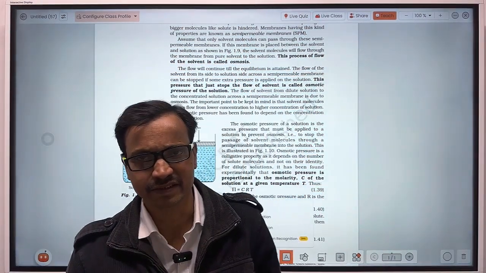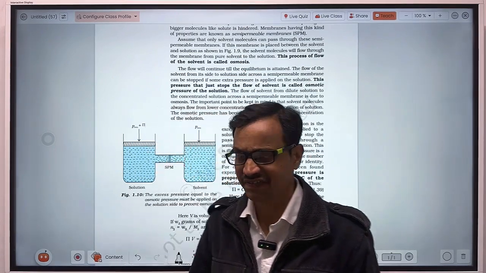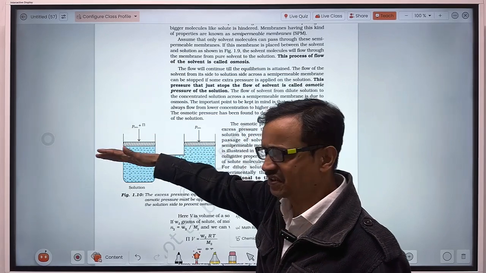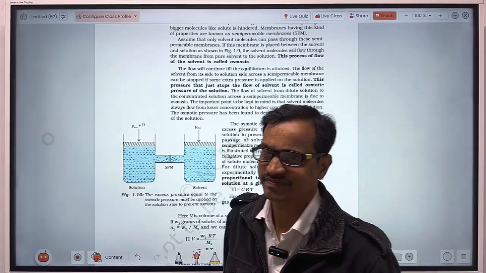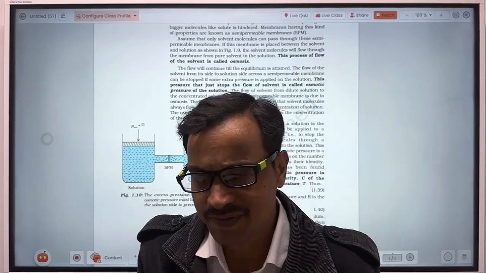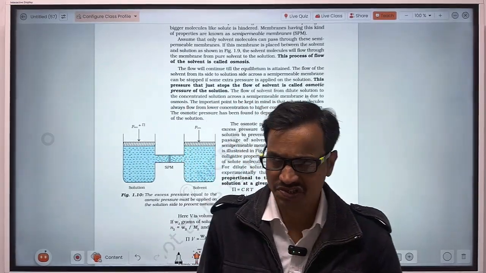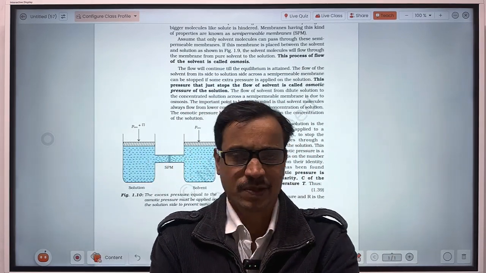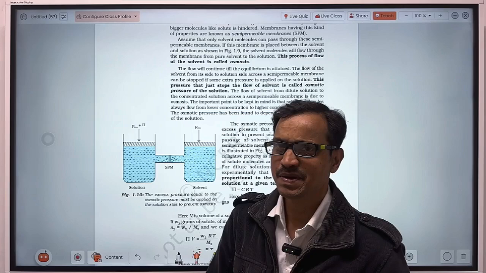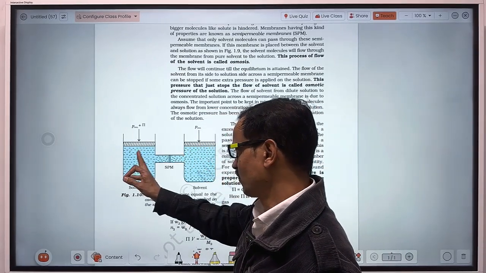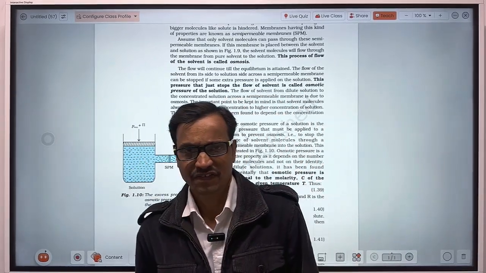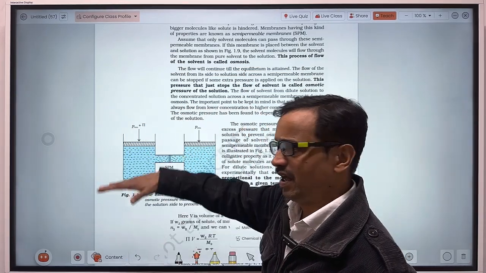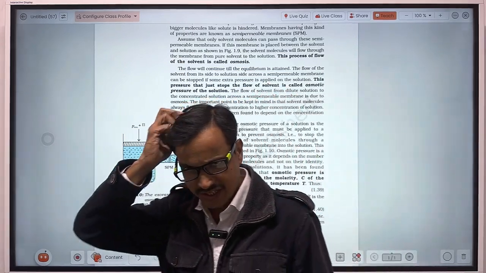That means what naturally happens will be reversed when a pressure greater than the osmotic pressure is applied over the solution. So in the 12th board examination, if the question on reverse osmosis is asked, what will you have to write? Reverse osmosis is the phenomenon in which there is movement of solvent particles from the solution to the solvent when a pressure greater than the osmotic pressure is applied over the solution.